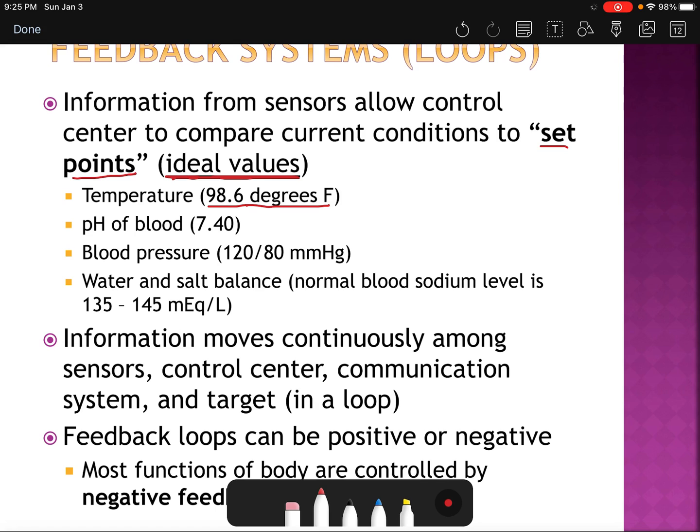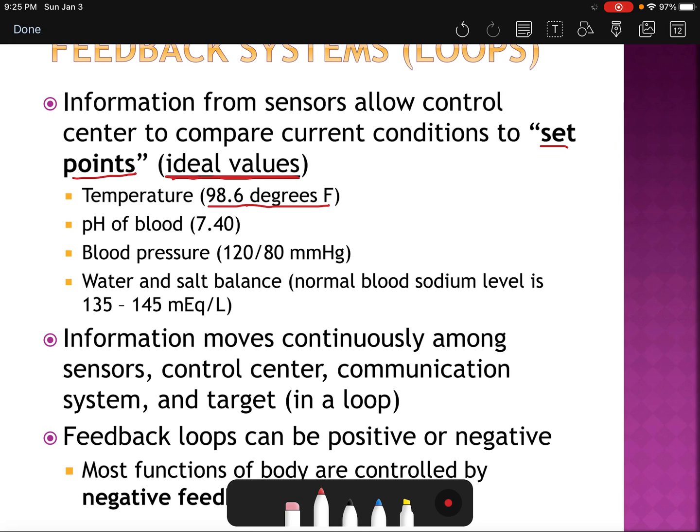And so what a sensor does is it detects whether your body temperature has dropped below that 98.6 or gone above it, because that could indicate, are you just getting too hot, or are you just cooling off, or do you have a fever, those types of things.